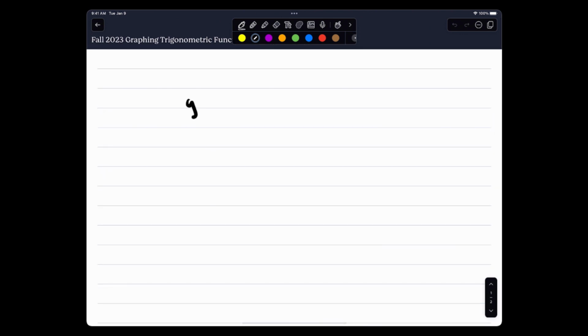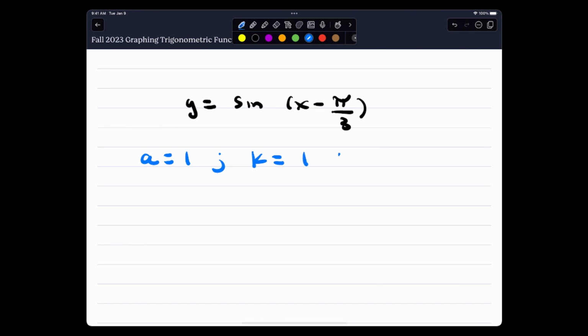They say graph y equals sine x minus pi over 3. We got all those values again. We knew A was 1. We knew k is 1. And we know that the phase shift is pi over what? 3. So here's the phase shift.